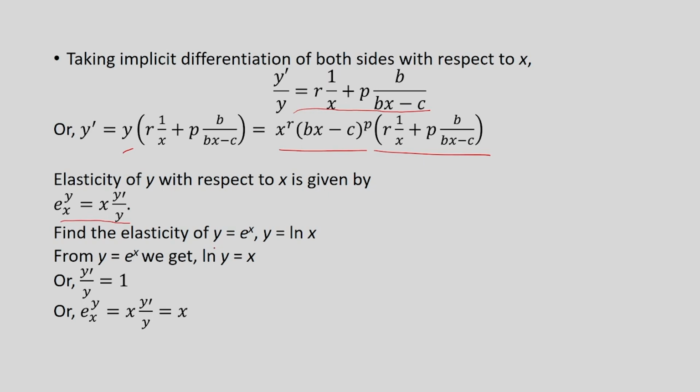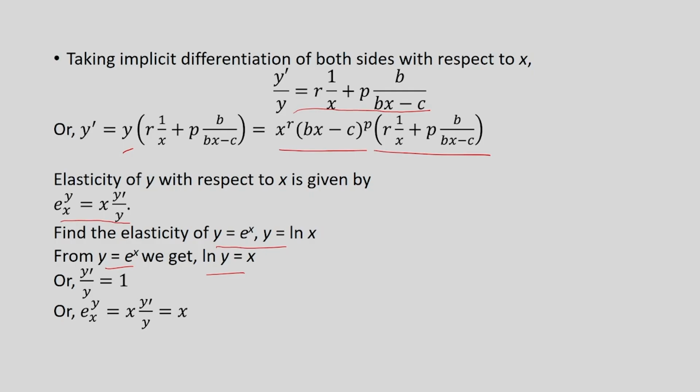Now, suppose I have to find out the elasticity of y is equal to e to the power x, or y is equal to log x. These two functions are given, I have to find the elasticity of y with respect to x. Now, from y is equal to e to the power x, if I take the log of both sides, I will get log of y is equal to x, and then I differentiate both sides with respect to x.